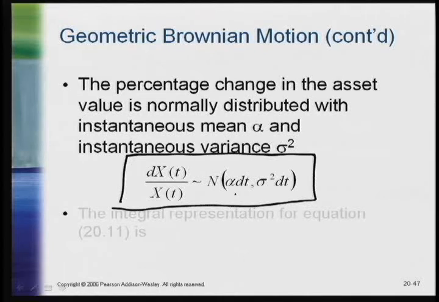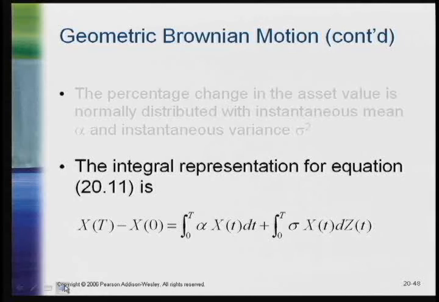This should look familiar. This is the generalization of what we saw earlier with Brownian motion, where Brownian motion's variance was, in fact, on any interval of time, proportional to dt. So here we see that same feature, mean and variance proportional to dt.